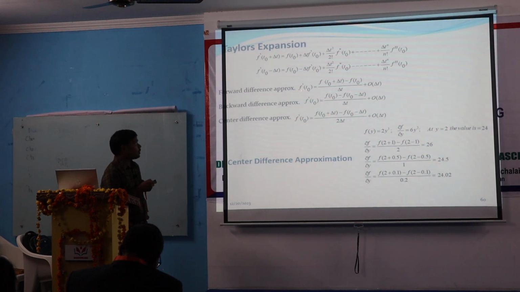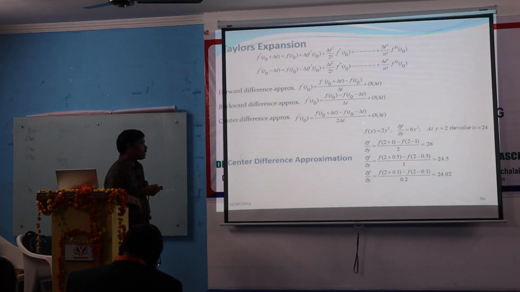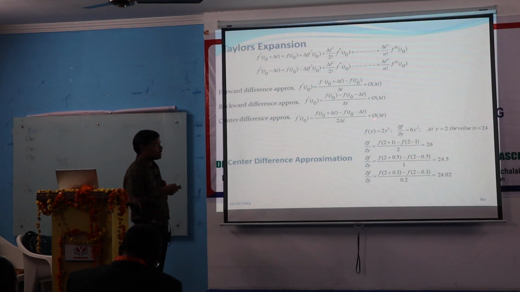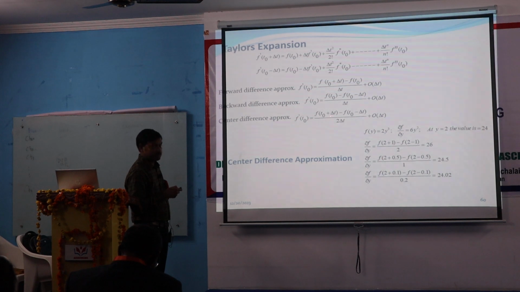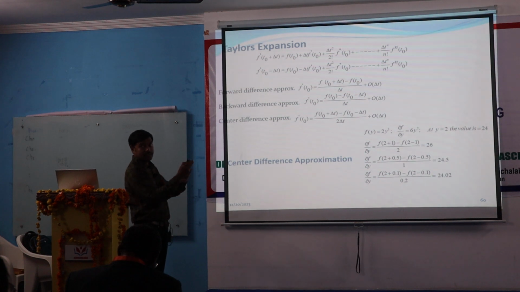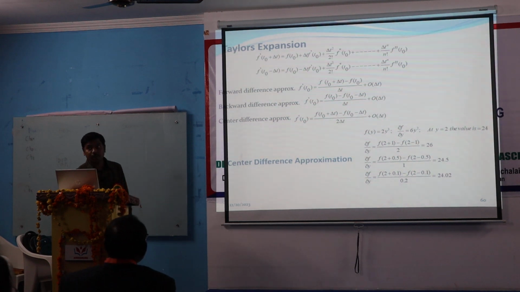So f dash of t naught can be written as f of t naught plus delta t minus f of t naught minus delta t by 2 delta t, plus some terms which we can neglect. Basically a derivative of a function can be described using two different time intervals, divided by the time interval you are taking. This is called center difference approximation.